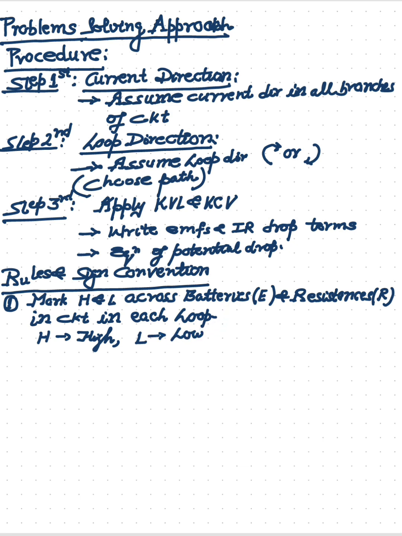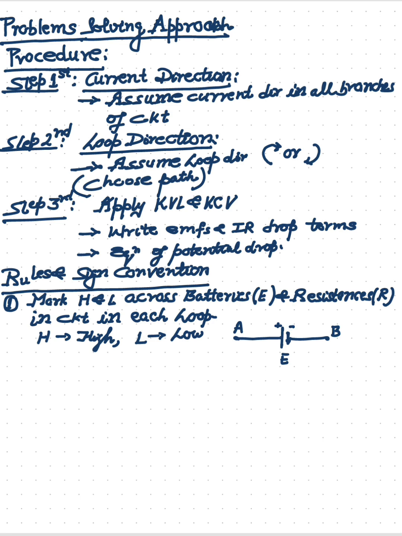Let me give you an idea. Suppose this is a battery E, with end A and end B. This is the positive terminal and this is the negative terminal.